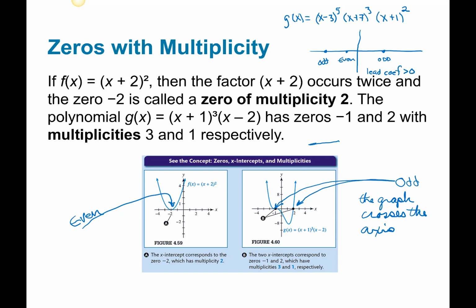Sketch a possible graph that would fulfill those various criteria. It has an odd, then an even, then an odd multiplicity, and the leading coefficient is greater than 0.